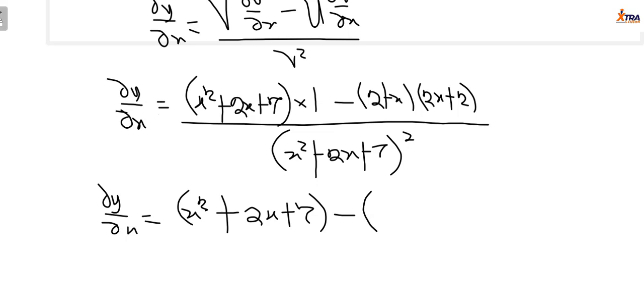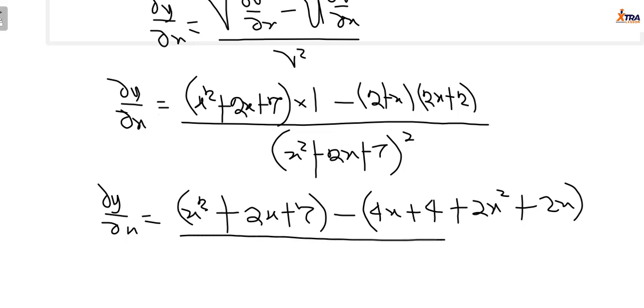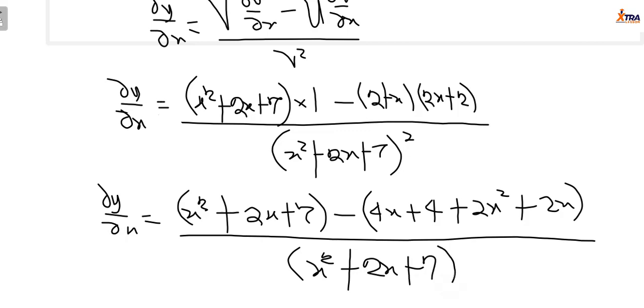We have 4x plus 4 plus 2x squared plus 2x, everything over x squared plus 2x plus 7, all squared.